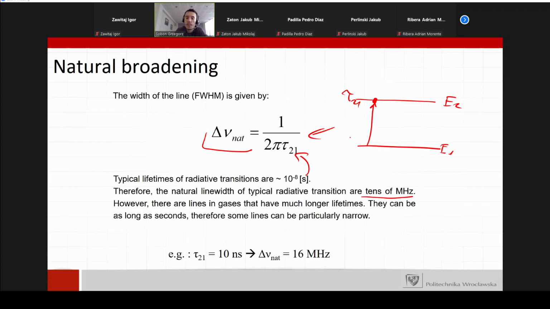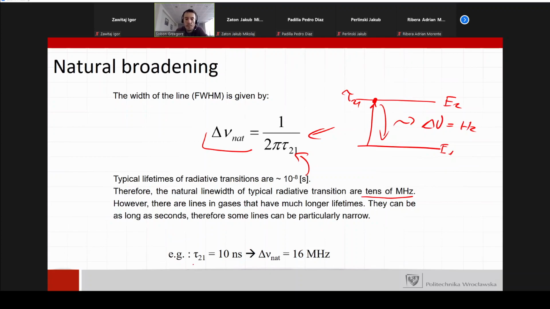So some of the lines might be very, very narrow, at the hertz level. But usually this depends on the gain medium, and in typical gain media, this will translate into the megahertz range.